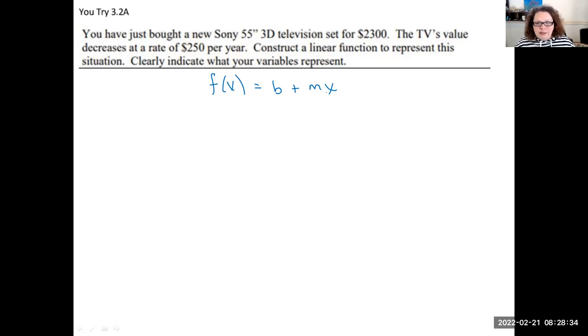So if we change the variables, for example, if we say value, that's what I was thinking of, TV's value, that's what they used. So I'm going to say V is value. So that's my function. The value of the TV, I'll just use T. So T is the TV.